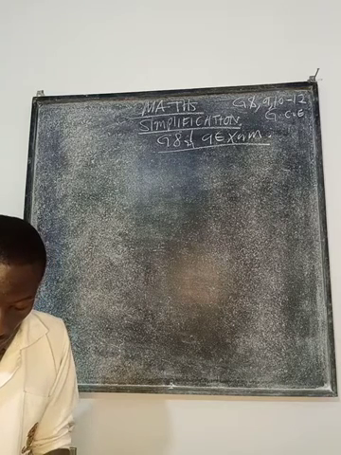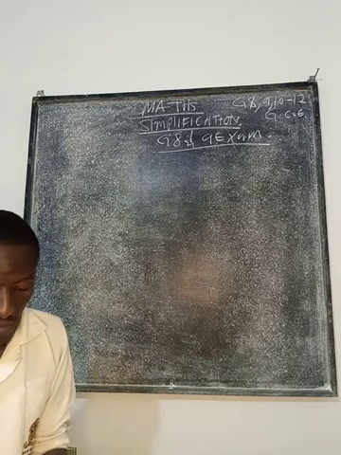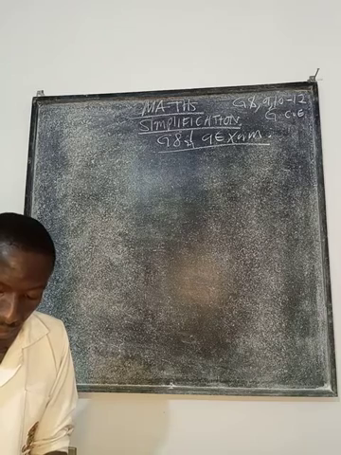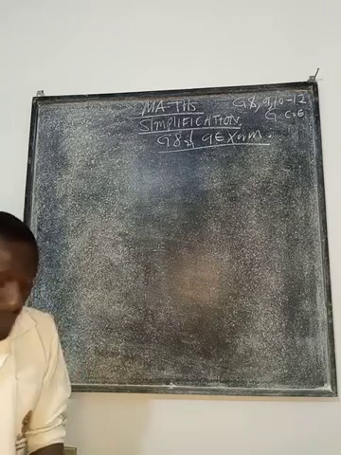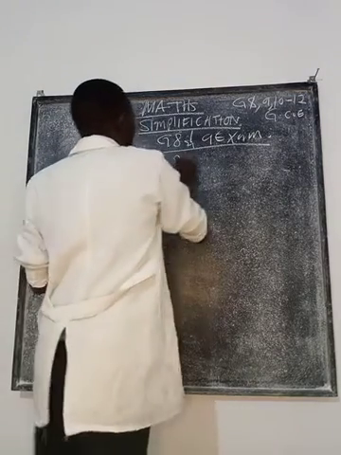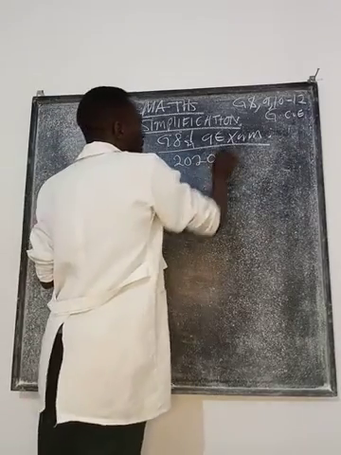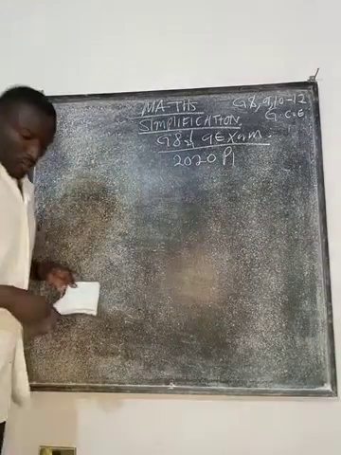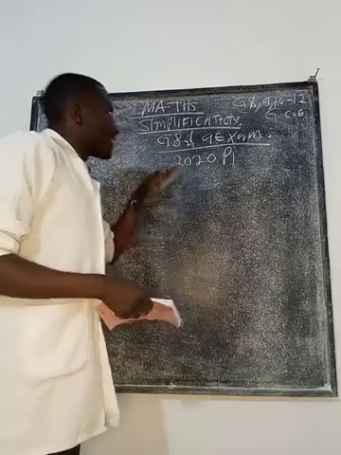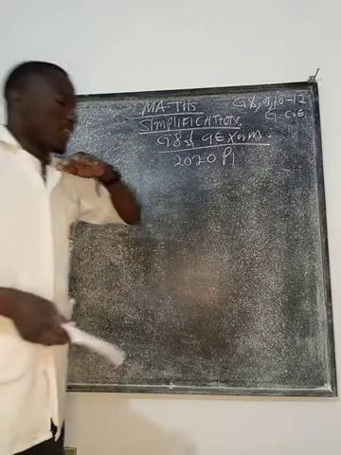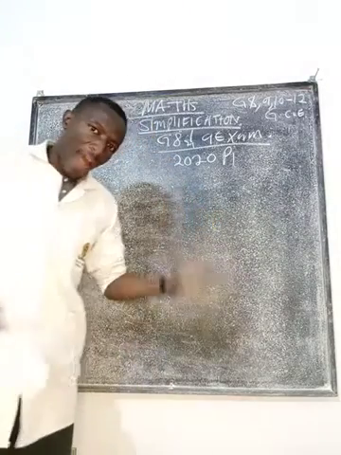Okay, so that's what we are talking about. Okay, so I found one in 2020 internal, paper 1. Okay, so solve exam questions on every exam paper that you have.